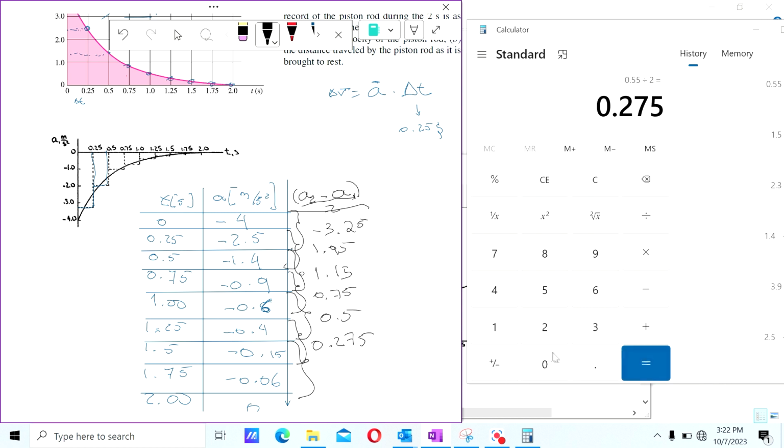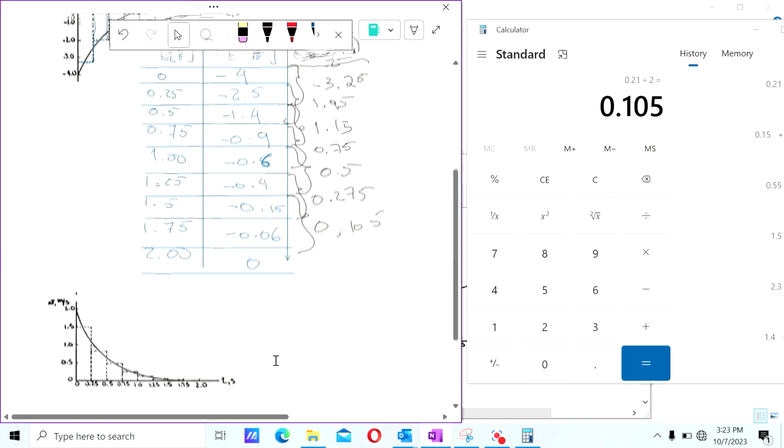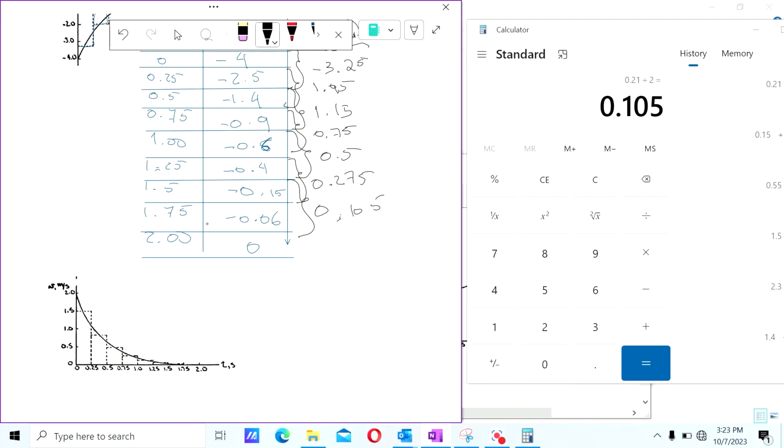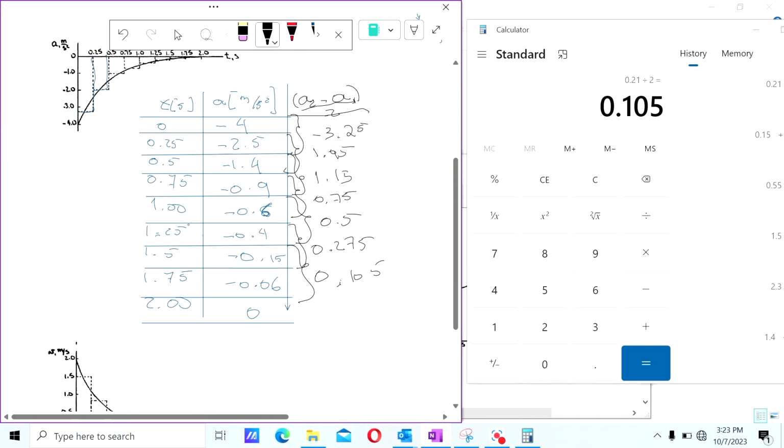All right, so 0.15 plus 0.06 is 0.21 divided by 2 is 0.105. And lastly, these two, which is 0.03.